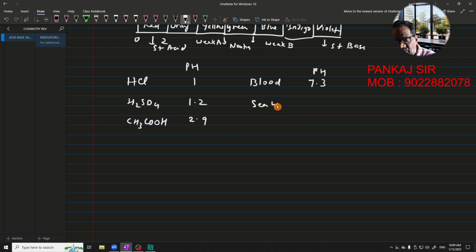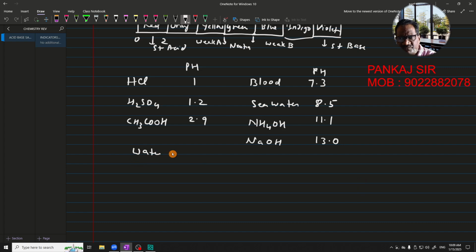Seawater is highly alkaline because it contains a lot of salt, and its pH value is 8.5. Ammonium hydroxide, NH4OH, has a pH value of 11.1, and sodium hydroxide, NaOH, which is also alkaline, has a pH value of 13.0.